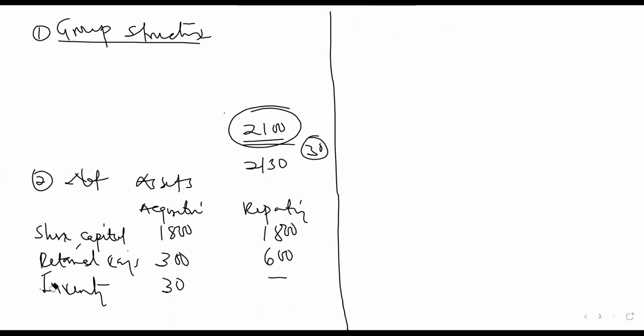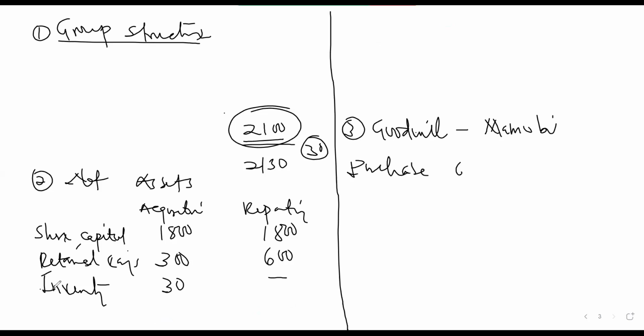But from that place, I can move on to goodwill. So I can move on to the goodwill calculation for Mamobi. So that we have the purchase consideration. What is the purchase consideration paid for the shares?